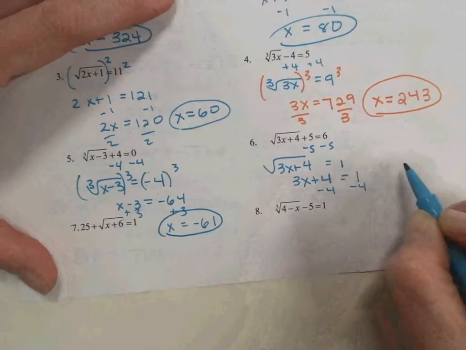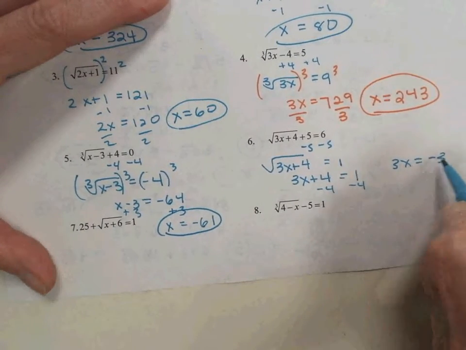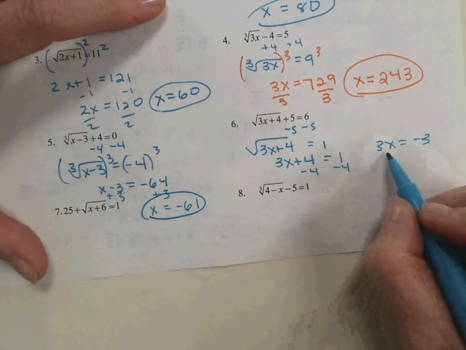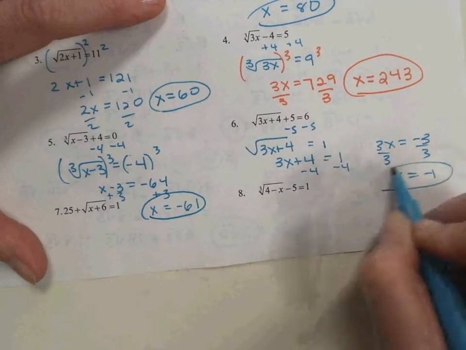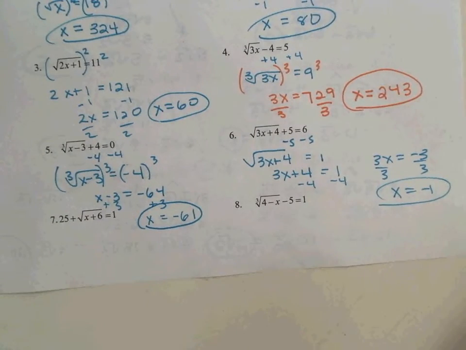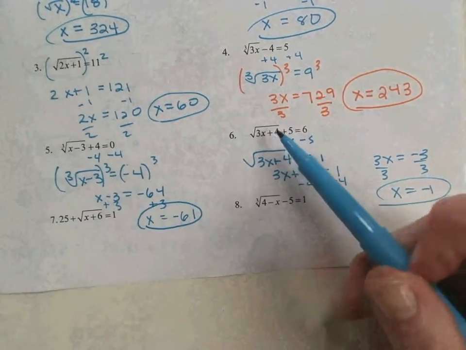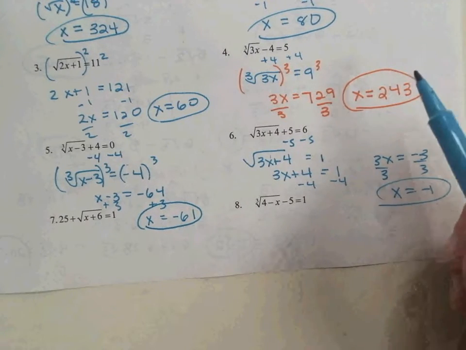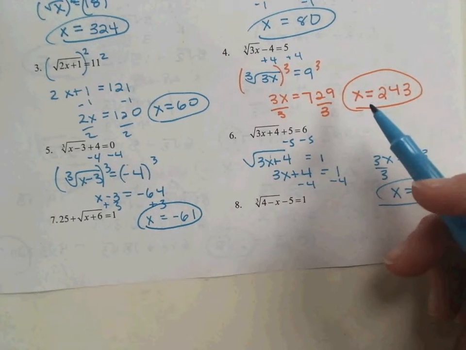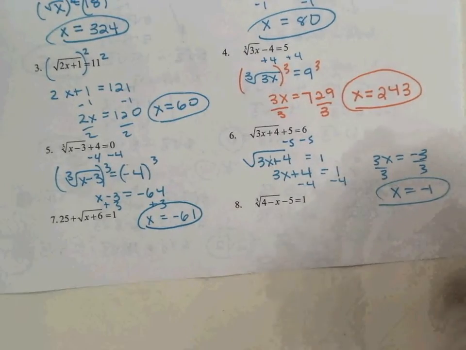Subtract 4 from both sides. 3x equals negative 3. Divide both sides by 3. X equals negative 1. When we plug that in, negative 1 times 3 is negative 3 plus 4 is positive 1. Square root of 1 is 1. Add 5, we get 6. Check. Just 2 more to go.